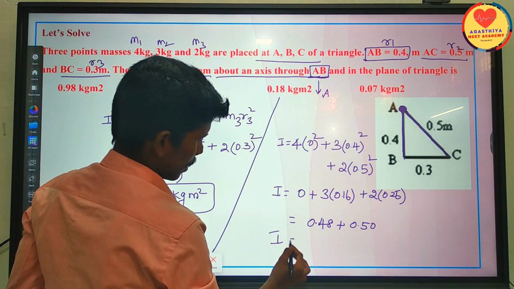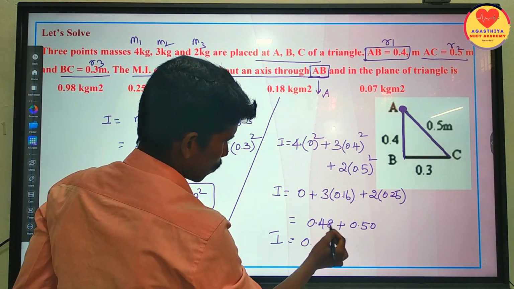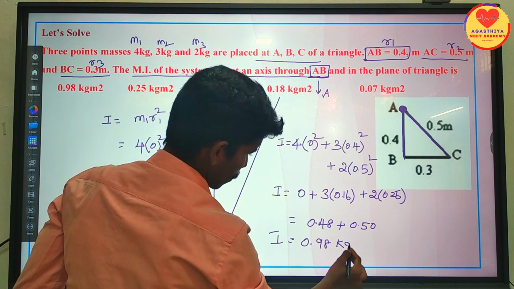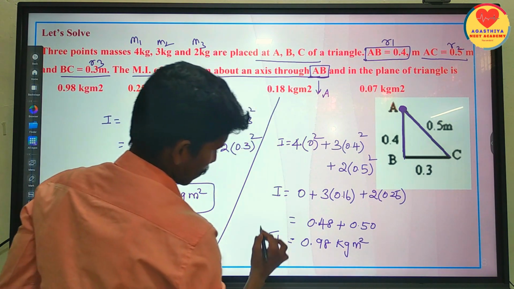Now finally we get 0.48 plus 0.50, that is 0.98 kilogram meter square.